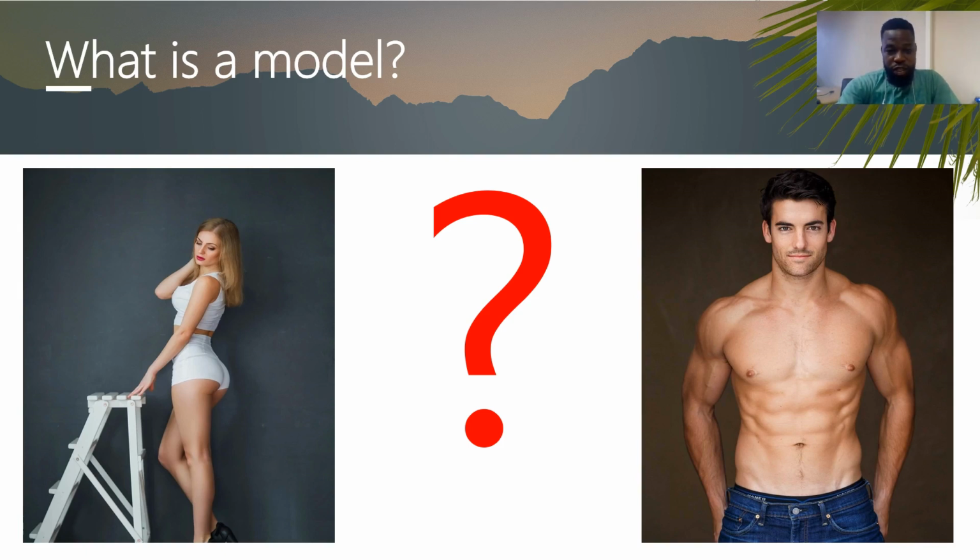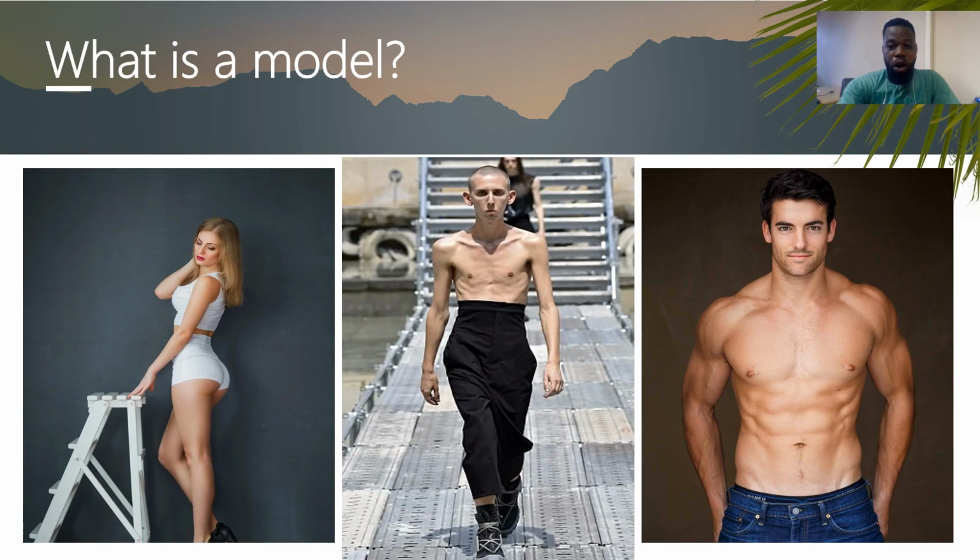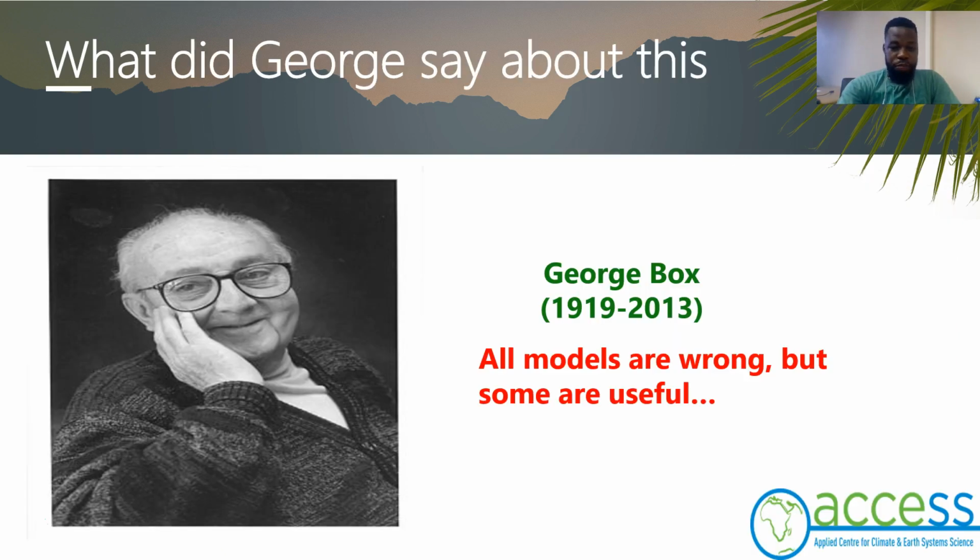And oftentimes we've seen that how the clothes look on the models is not really exactly what they would look on ordinary people, which brings us to what George Box was quoted saying when he said, all models are wrong but some are useful, which is a statement that will guide some of our talks as we go on through this lecture.